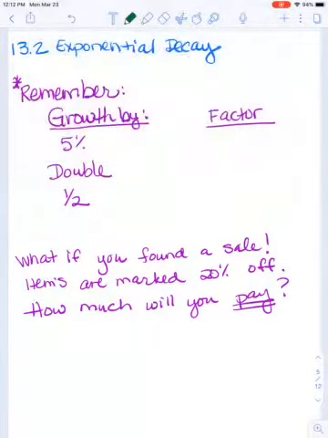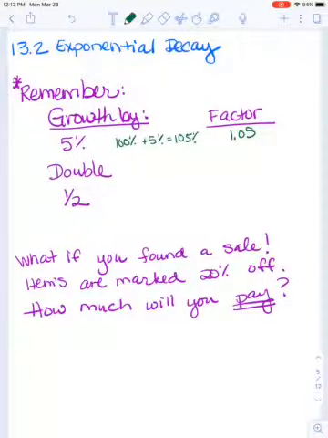So last week we looked at exponential growth, and today and tomorrow we're going to take a look at exponential decay. Remember, just a couple reminders: if you were doing growth by a factor of 5%, that was your 100% plus 5%, which gave you 105%, so we called that a factor of 1.05.